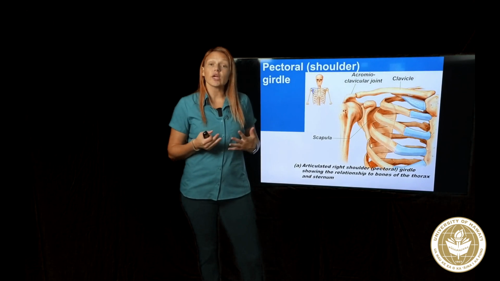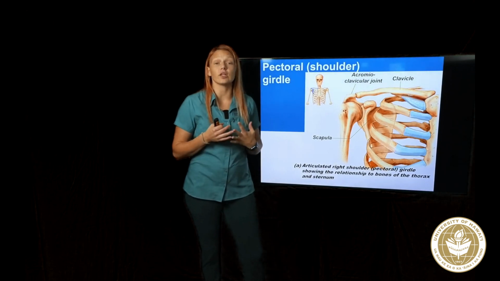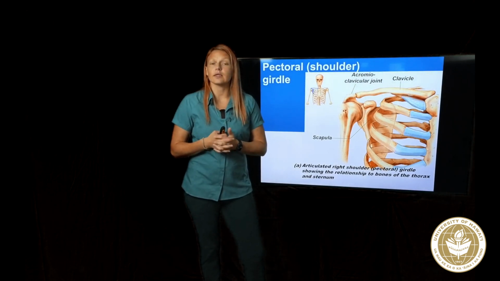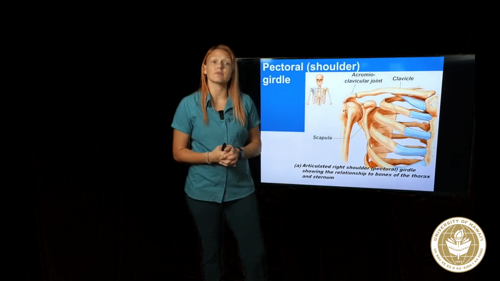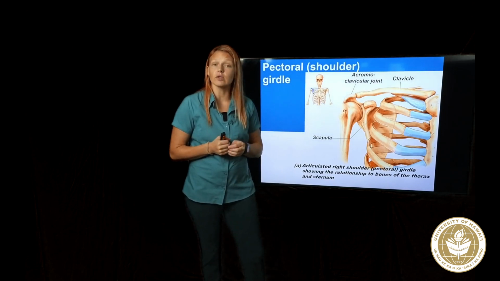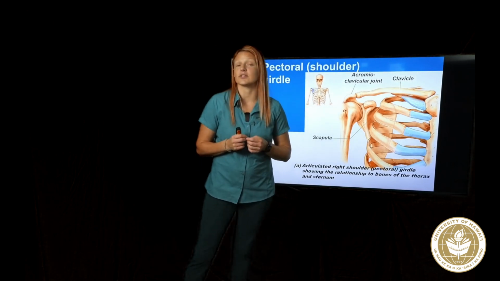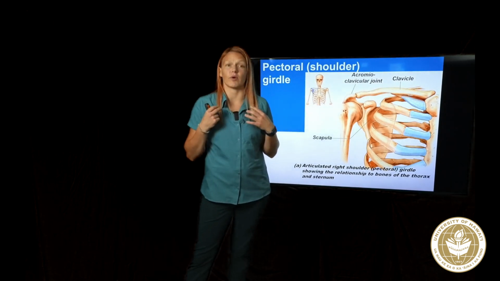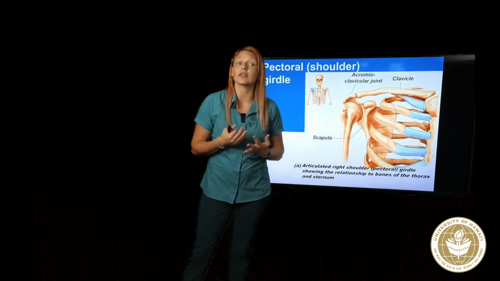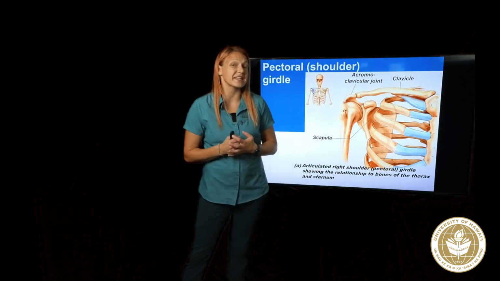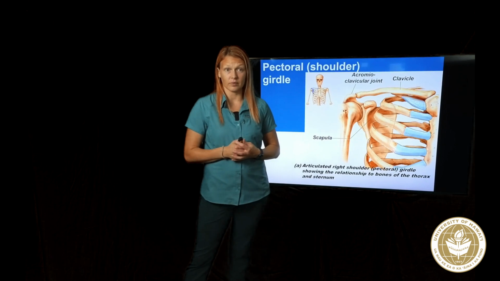And this is important because it offers a great deal of mobility. And the reason why it does this is because only the clavicle, or your collarbone, is going to actually attach to the axial skeleton. That's the only attachment point there. Everything else allows for movement because it isn't attached in that pectoral girdle.